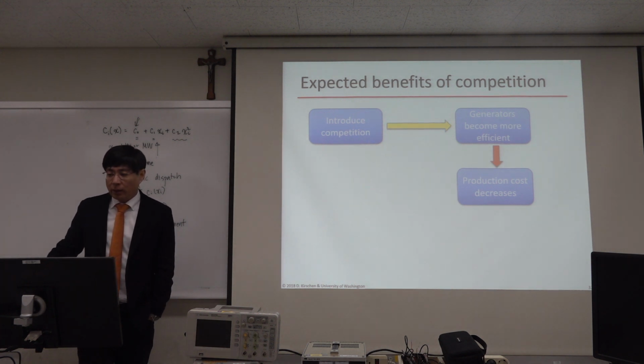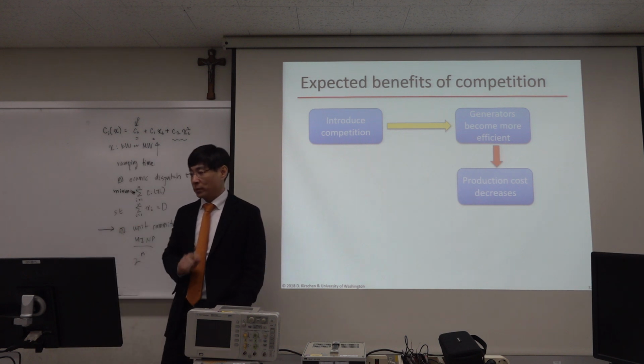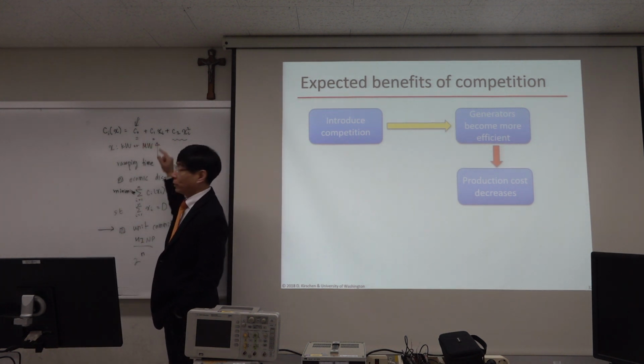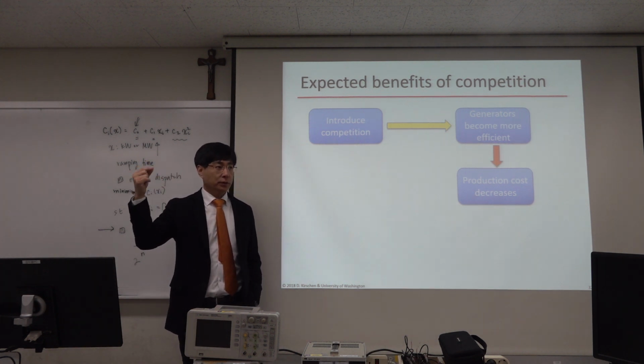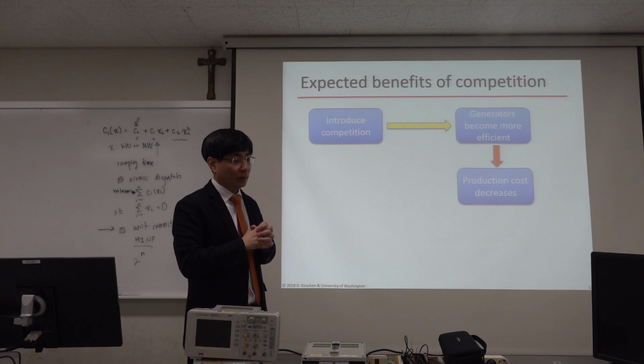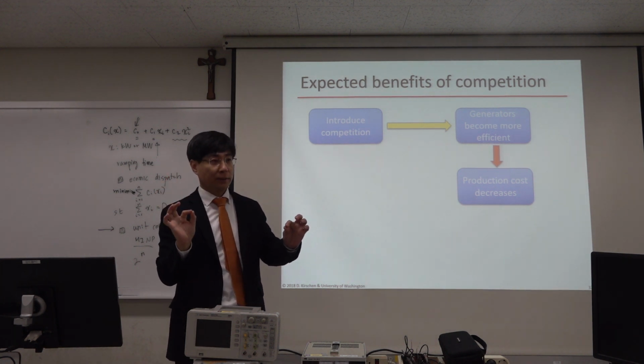So generators become more efficient. The meaning of generators becoming more efficient is that these coefficients are about the efficiency of the generator. So when they manage their generators well, they can generate the same power with less cost.